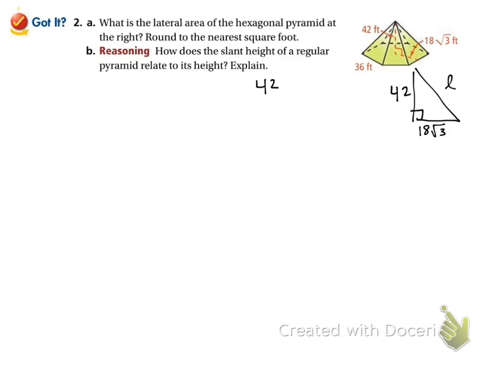So 42 squared plus 18 square root 3 squared equals L squared. 42 squared gives me 1,764. You can do the 18 square root 3 squared on your calculator. Just be careful how you're doing it. Otherwise, let me show you how you could do this by hand.